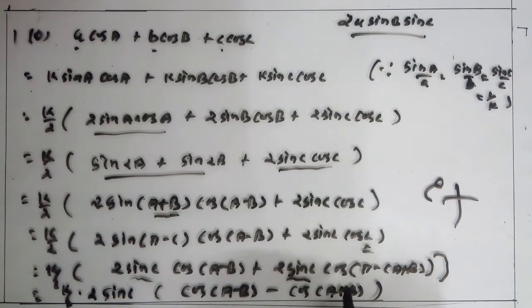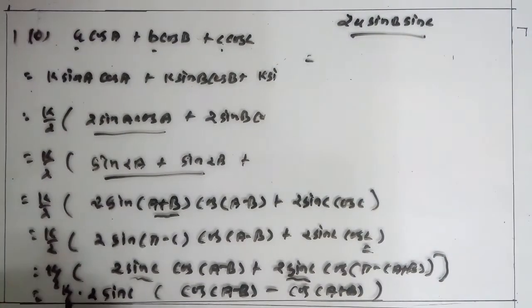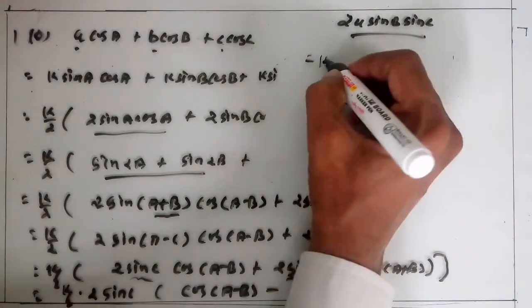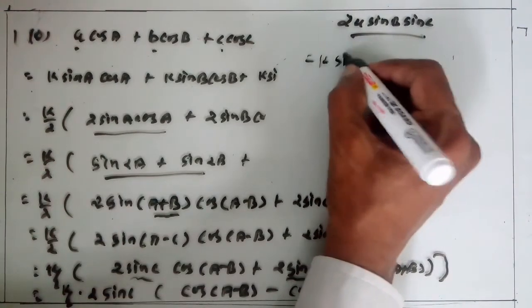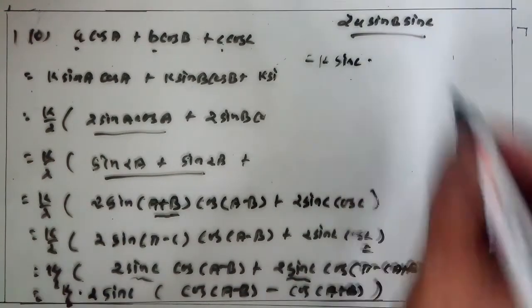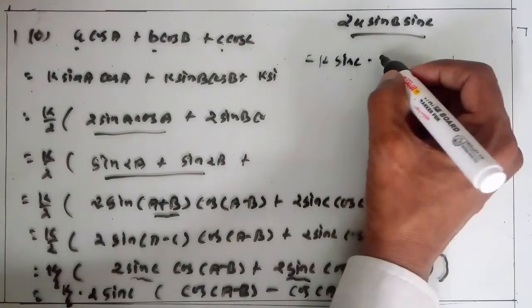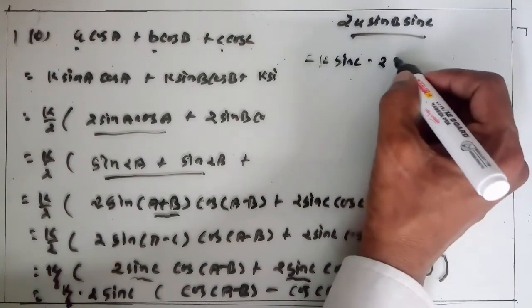Cos C minus cos D is equal to minus 2 sin sin. Here write the big terms in a second form, so plus or minus take common. So cos C minus cos D is equal to minus 2 sin sin, so it becomes plus, minus minus plus. So here 2 cancels, so we get K sin C into, here it becomes minus minus plus, 2 sin sin.